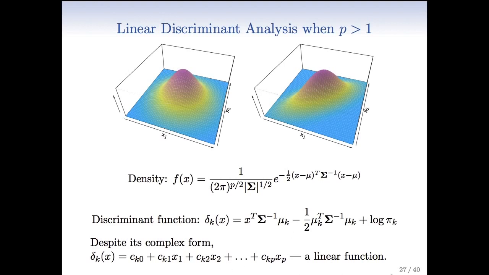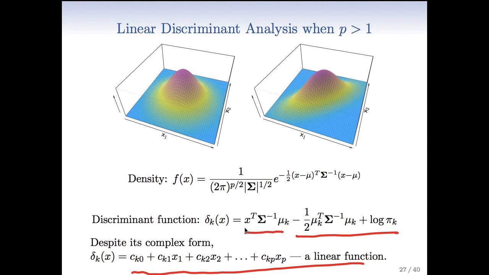In fact, we make it clear right here. It might look complex, but this can just be written in this form over here. Okay, it's a linear function. So this ck0 is a function for class k. ck0 is built up of all these pieces over here, and then each of the coefficients of x1, x2 up to xp come from this part over here.